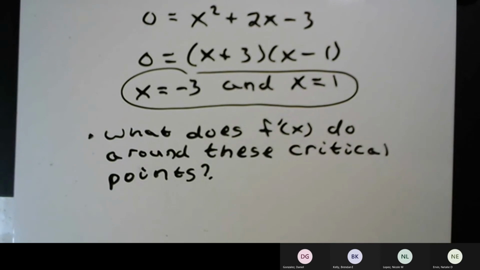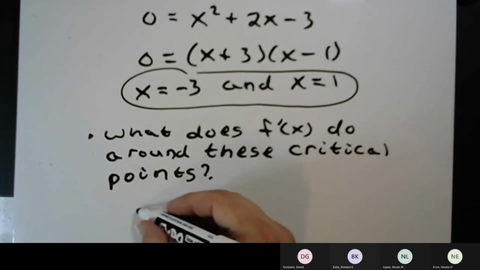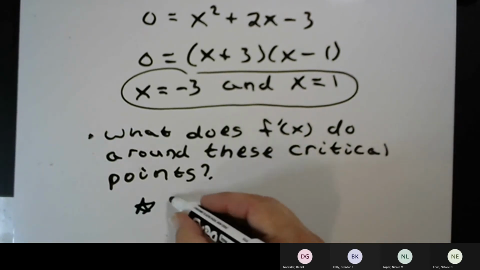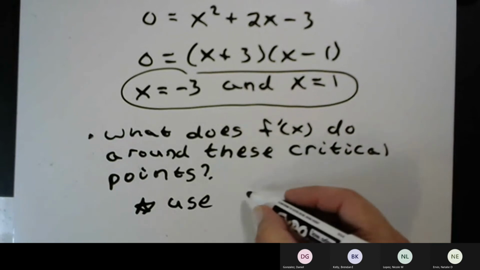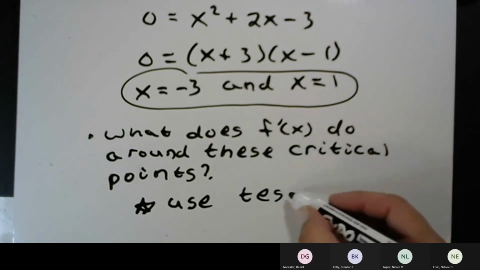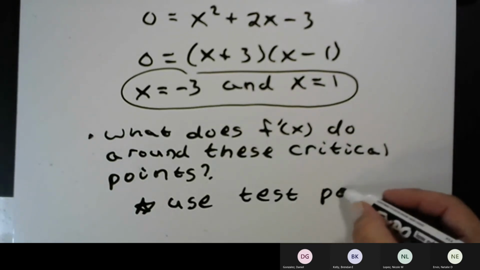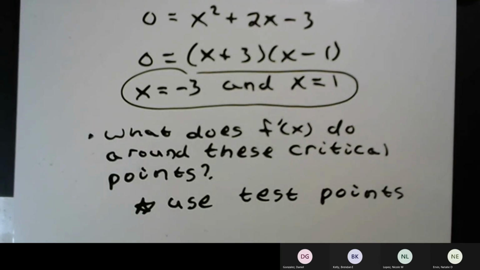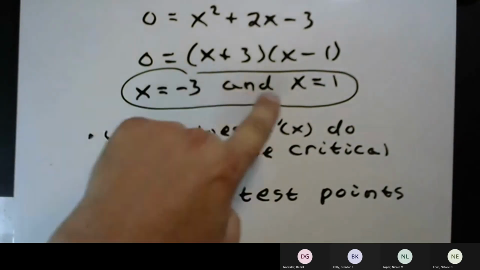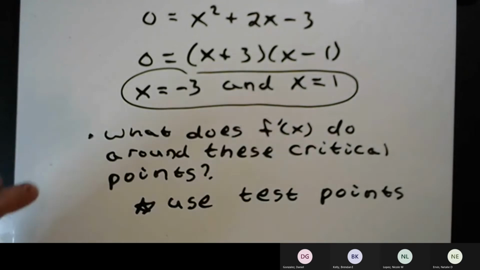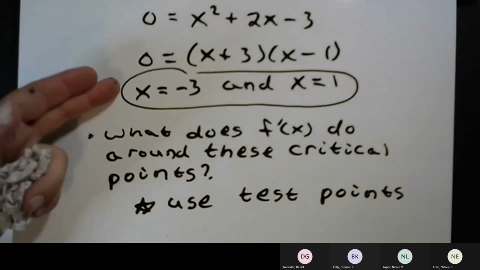So what we're going to do, we're going to use test points. Now, what x being -3 and x being 1 means, again, this tells us where the derivative is 0.